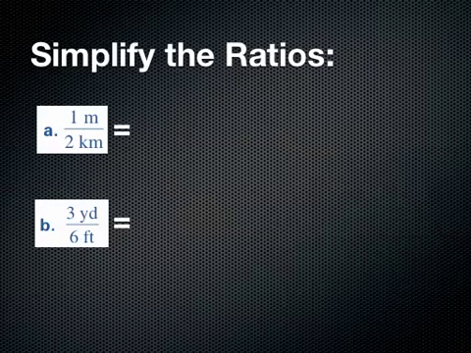This asks us to simplify the ratios. In A, we have 1 meter over 2 kilometers. When we want to simplify the ratios, remember that ratios have to be measured in the same units. In A, we have meters and kilometers, which are not the same units. If we changed meters to kilometers, that would be a decimal or a fraction, and we don't want that.